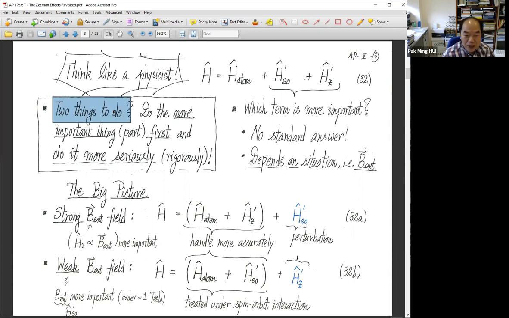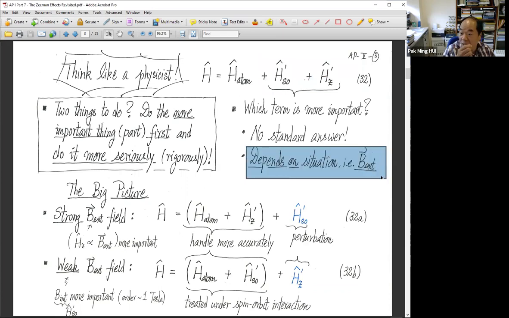You will do the more important thing first, and then leave the less important thing later. In doing physics, of course, we do the same thing. So it's very natural. In general, we do the spin-orbit first or do the Zeeman first.